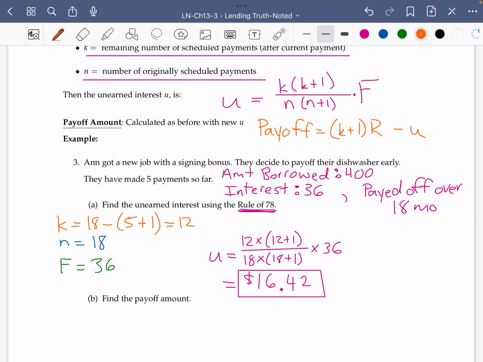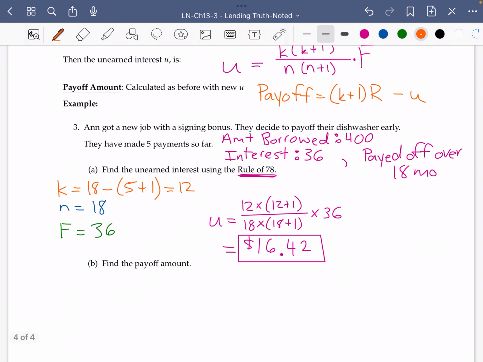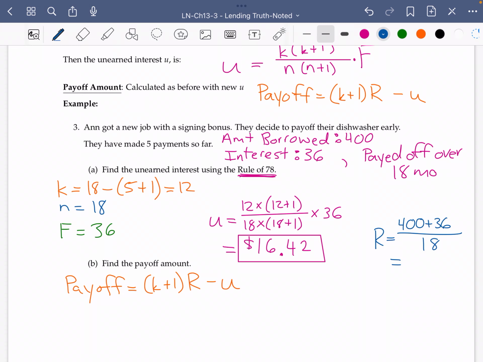So the payoff amount using the unearned interest from the rule of 78 is going to be K plus 1 times R minus U. Now here we did not calculate the value of R, but the value of R is 400, the total amount that we financed, plus the 36 over 18. So that value of R is 24.22. You can watch our previous video to see how we did that.